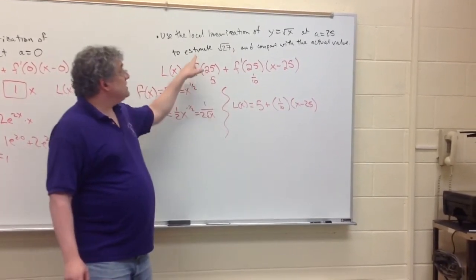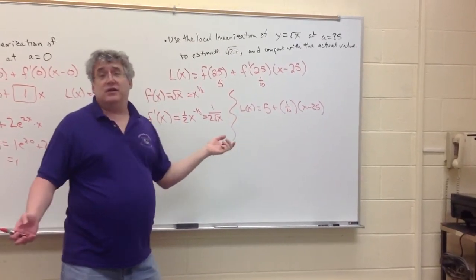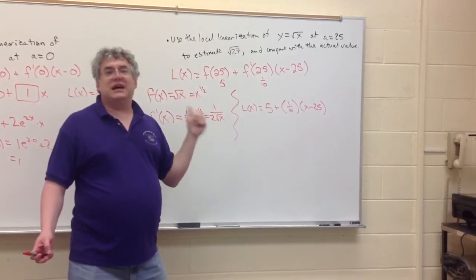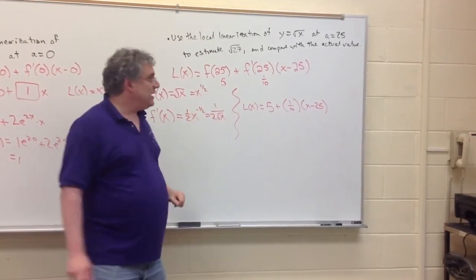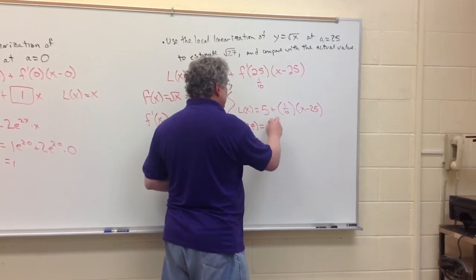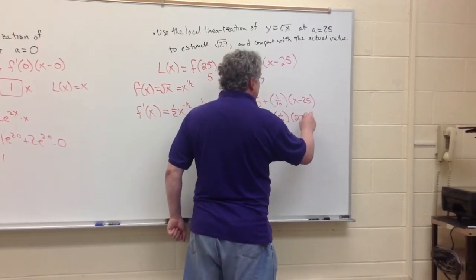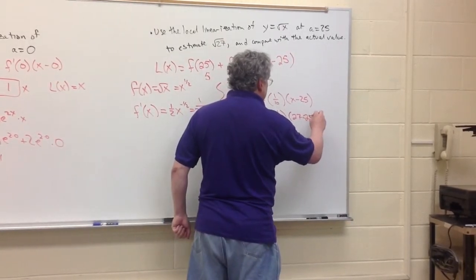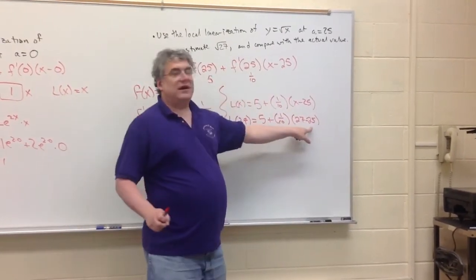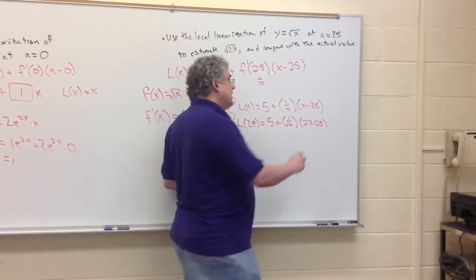My next question was to estimate square root of 27 using this. Square root of 27, you have a calculator, you can plug it in. But this allows us to estimate it without a calculator. L of 27 is going to be 5 plus 1/10 of 27 minus 25. 27 minus 25 is 2, 2/10 is 0.2. I get 5.2.